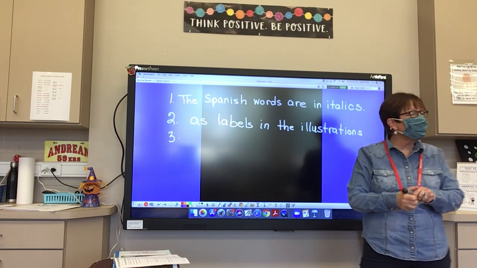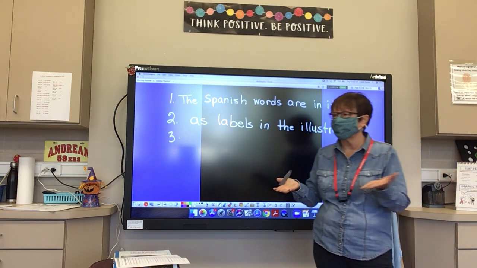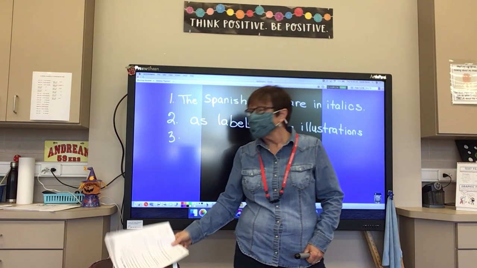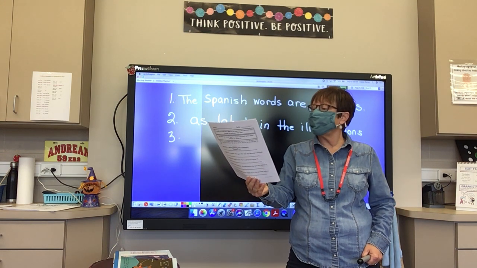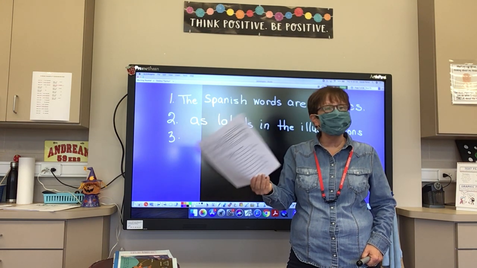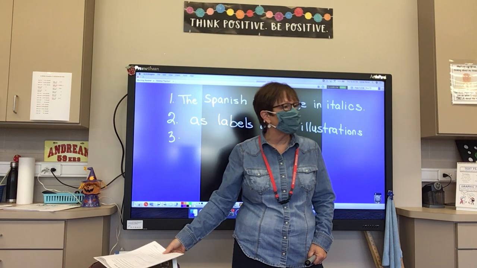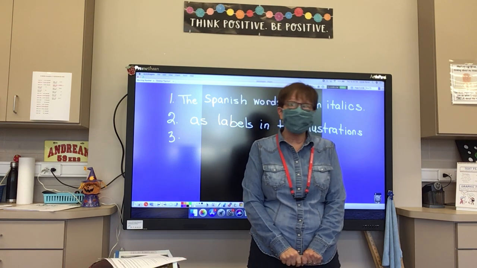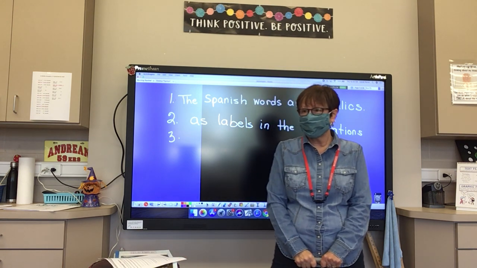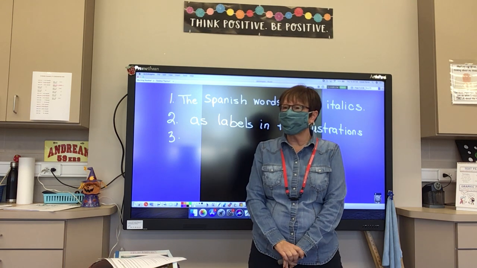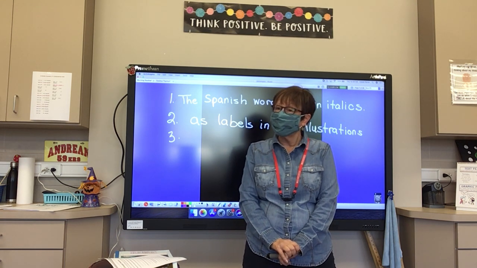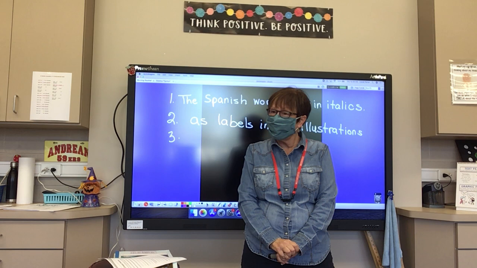Okay, now we have a very important question to answer. How do the illustrations and labels help readers understand the meanings of the Spanish words? Because I don't speak Spanish, but I knew what all those things were in the illustrations. How did they help us? Elisa, how did they help us?